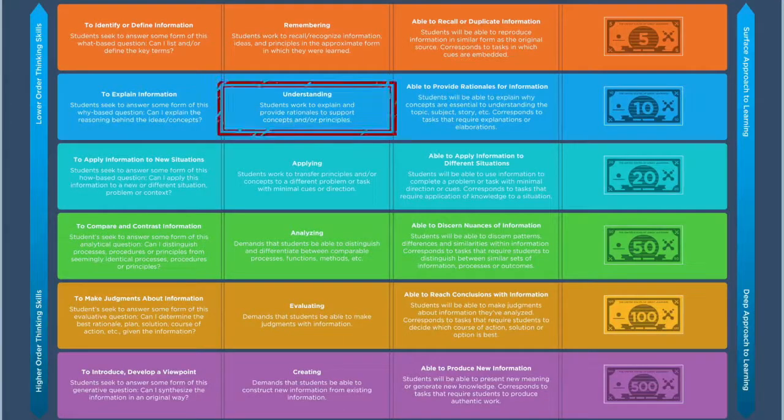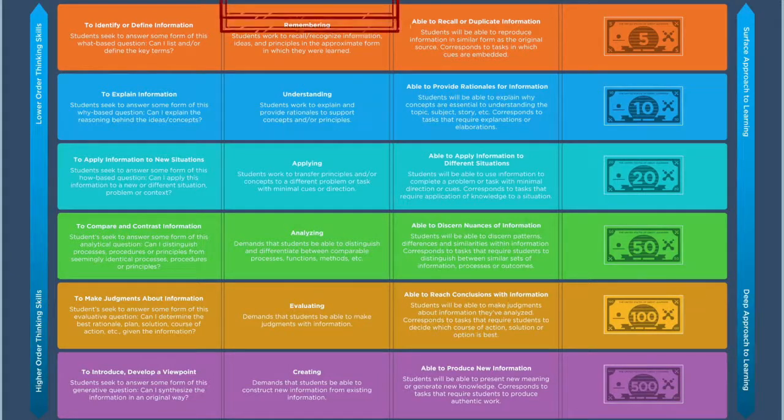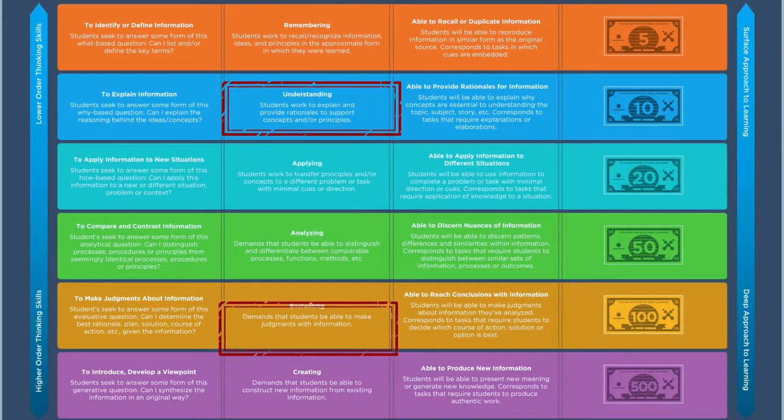The word explain signals us that the professor wants students to use their understanding mode of thinking on the content. So, while the content remains the same, the mode of thinking about the content changes. This cognitive modification produces a different type of interaction with the content and results in a qualitatively different knowledge product.